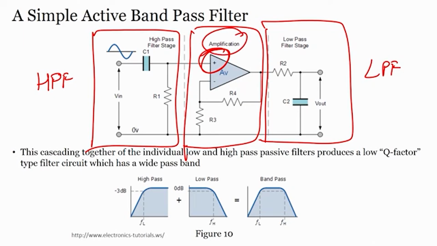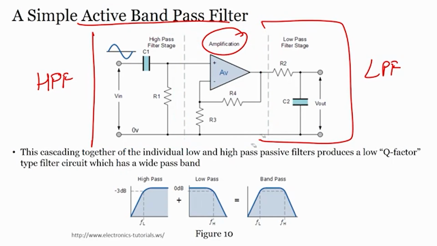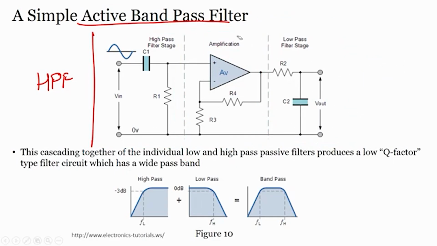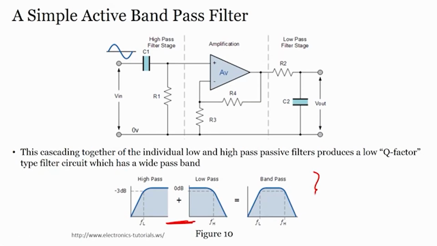When we integrate this plus this plus this, we get an active band pass filter, right. This cascading together of individual low pass and high pass filters produces a low Q factor type filter circuit which has a wide pass band, and this is how we can create your active band pass filter. Here you can see we get the active band pass filter.